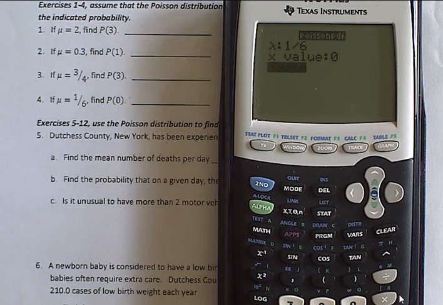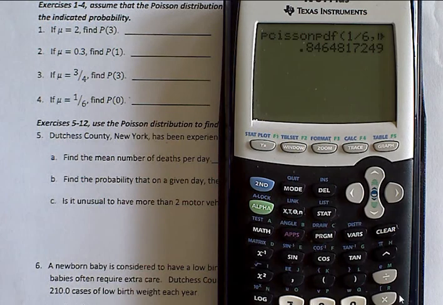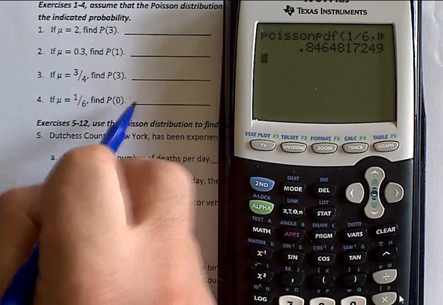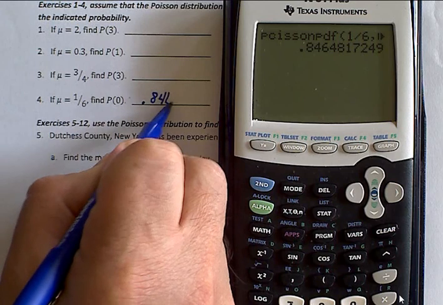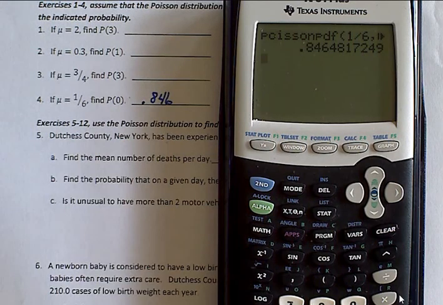So if the mean is 1/6 and the x value is 0, that means I get a probability of, we want to go 3 decimal places again, just like we had before, 0.846. Okay, and that's it. That's all you've got to do.